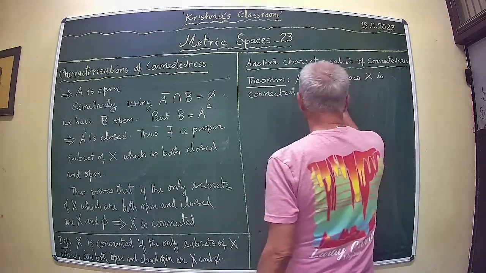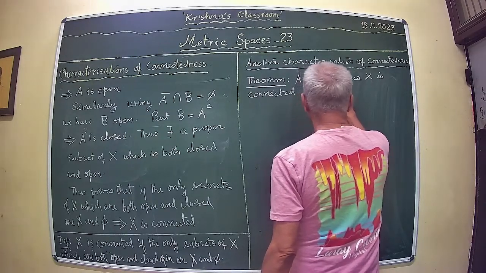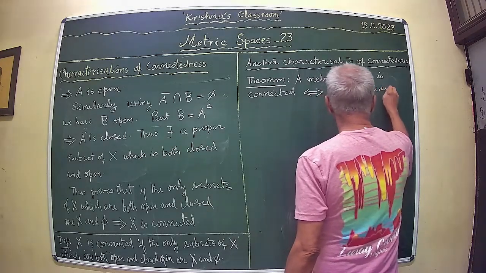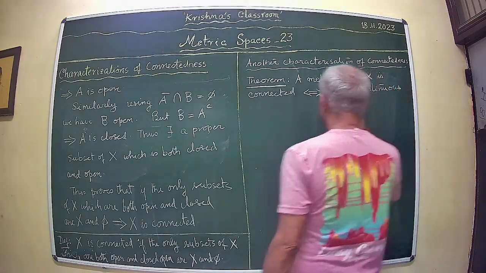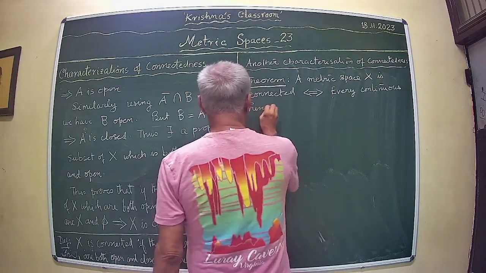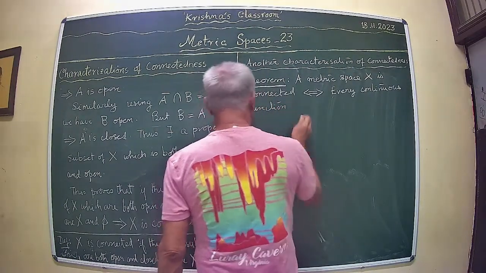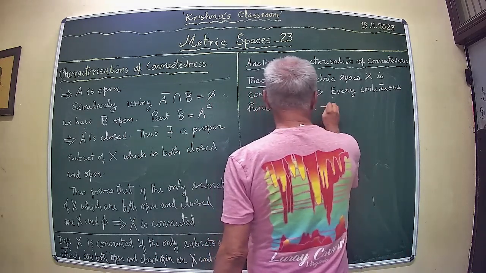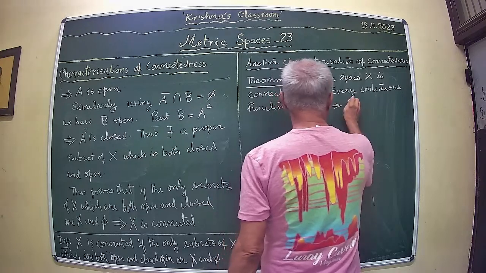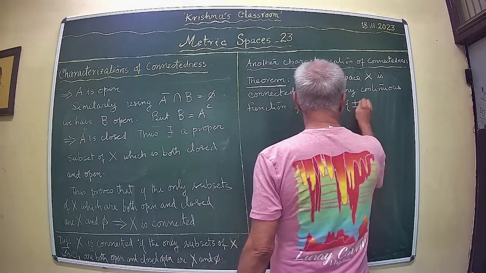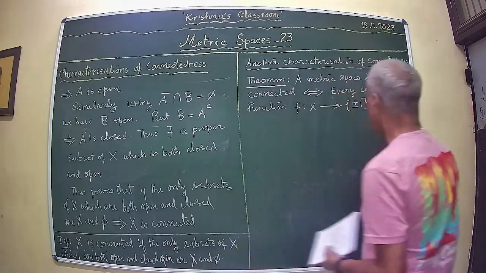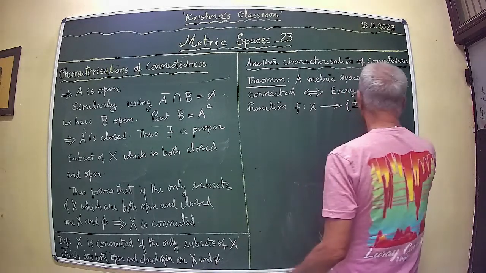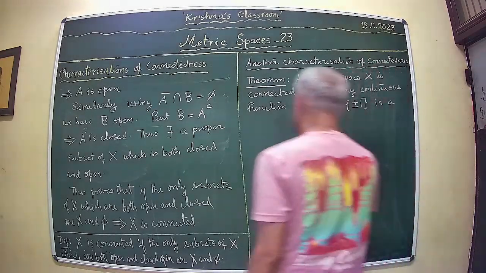every continuous function from X to the 2-point set +1 and -1 is a constant.